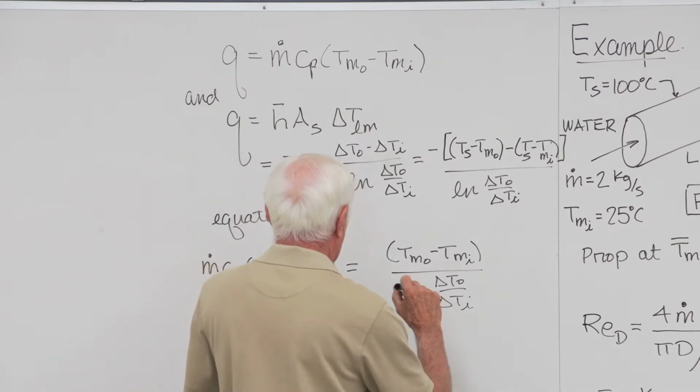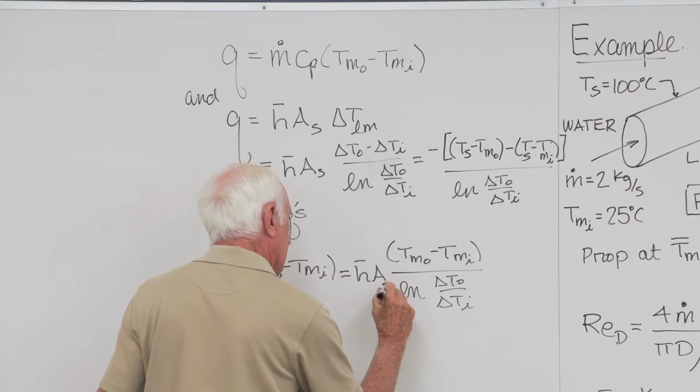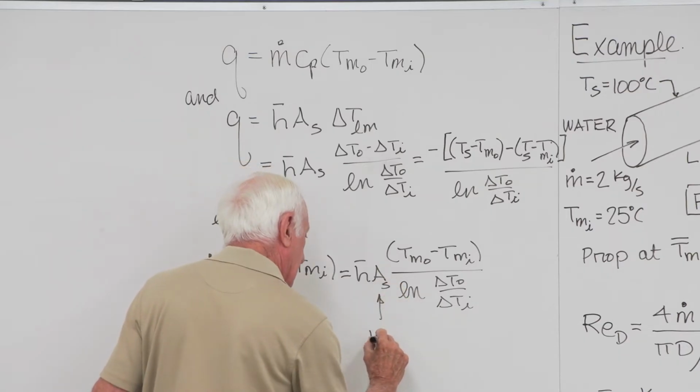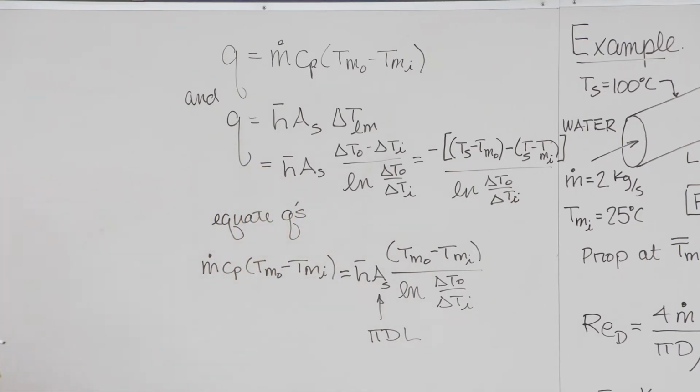Oh, and on top, of course, our h bar A S, surface area pi d L. Okay, there he is. There's the L I want. That's the L I want.